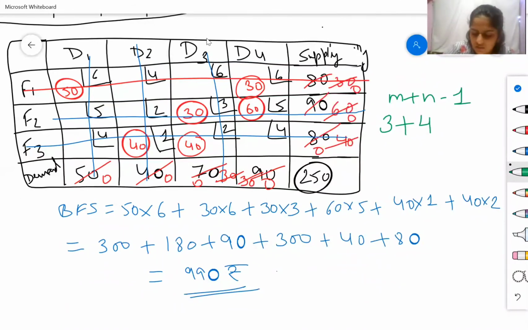So 3 plus 4 minus 1 should be equal to the 6 allocations we have, which are in F1 D1, F1 D4, F2 D3, F2 D4, F3 D2 and F3 D3. We have totally 6. So 4 plus 3 is 7, 7 minus 1 is equal to 6, which means it has the required number of allocations, which means it is non-degenerate.